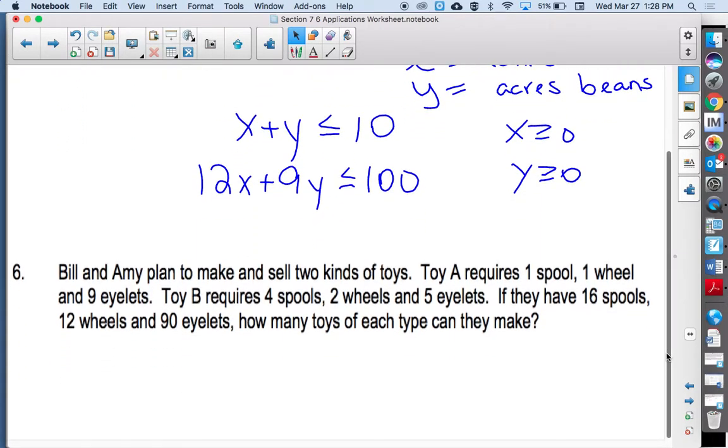So number 6 is Amy and Bill. They're making some kind of toy. And when I read this question, it reminds me of Rudolph, the movie. I don't know, I guess it's considered a movie. Like that old school Rudolph with, what's the little elf's name? Are you talking about the cartoon? Yeah, the cartoon.